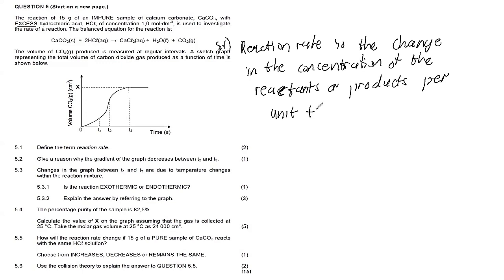Then that's just how we go about with the definition. For only 2 marks, we say reaction rate is the change in the concentration of the reactants or product per unit time, right? And then let's proceed.